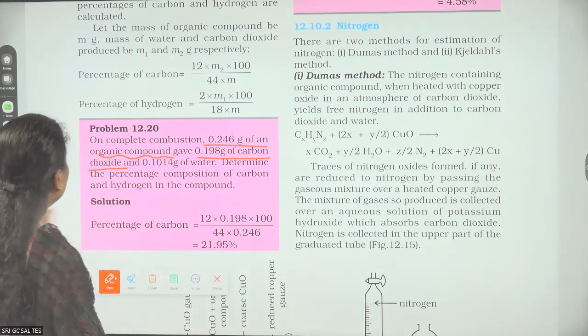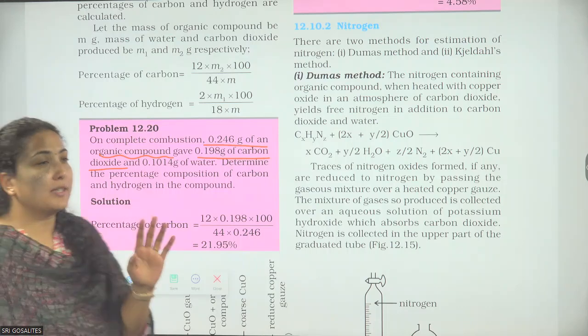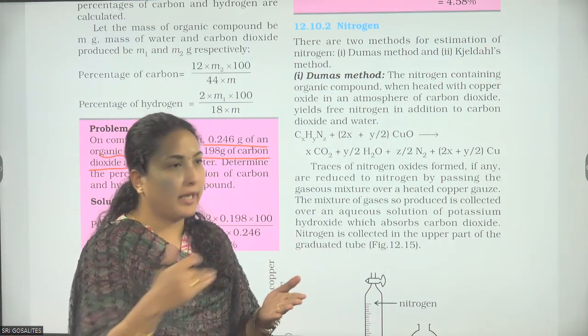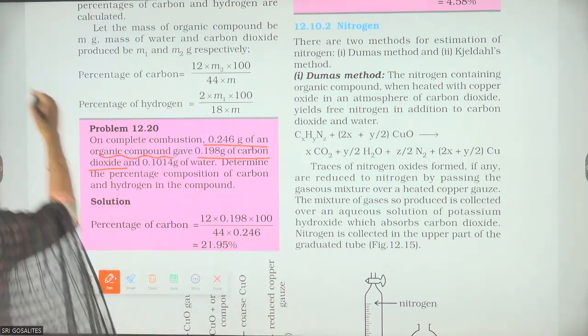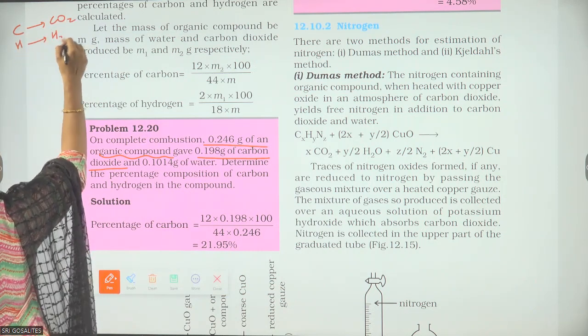Just remember in which form the carbon is converted when you carry out the experiment. It got converted into CO2. So carbon is converted to CO2, and hydrogen is converted to H2O.